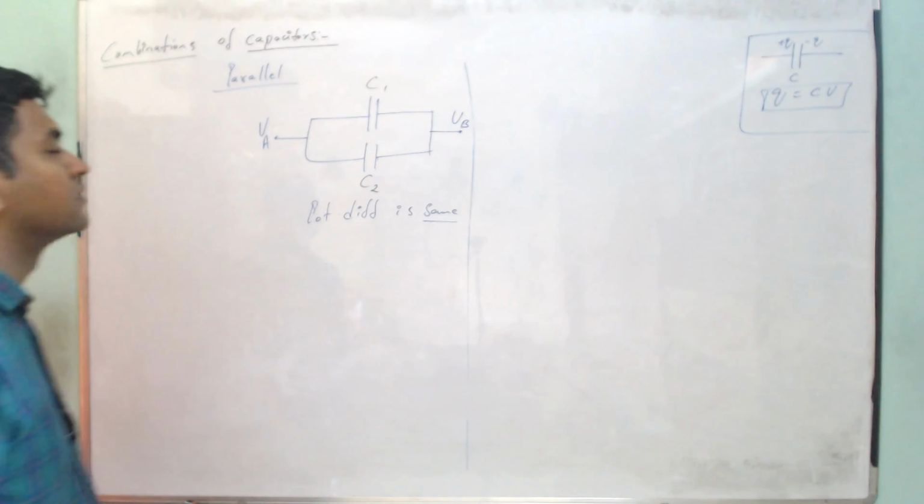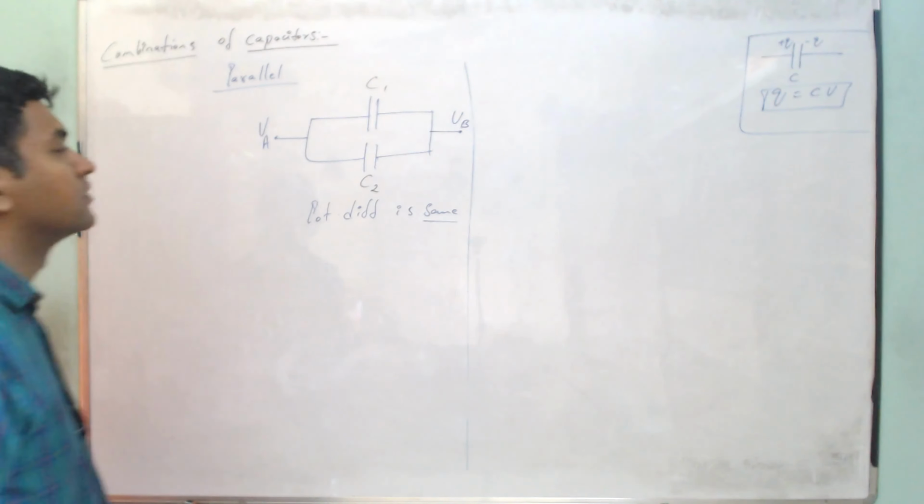If they're arranged in this format, how are we telling potential differences are same? Potential difference is basically potential of this point minus potential of this point, right? But we take it like before the left plate of capacitor and right plate.